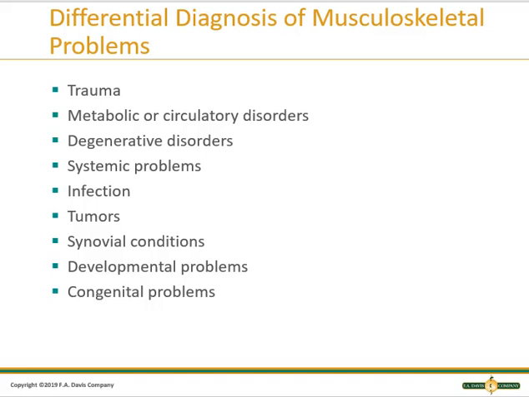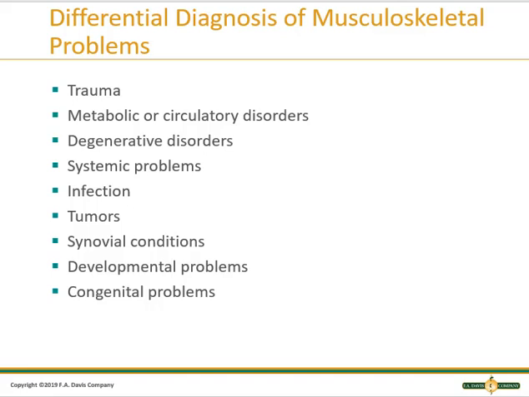On 795, there's a good algorithm for a musculoskeletal complaint and your diagnostic reasoning of how you might work your way through. So I encourage you to review that. Most acute injuries or pains do not require any emergent treatment.